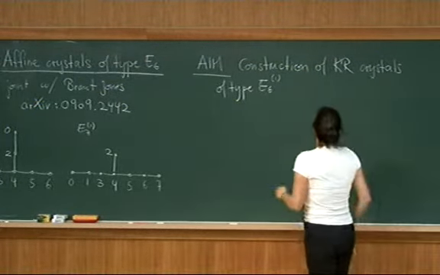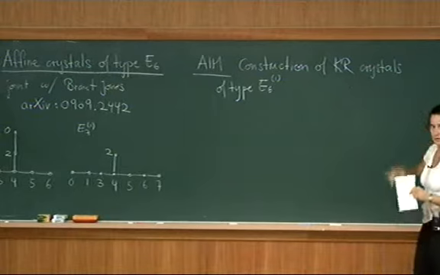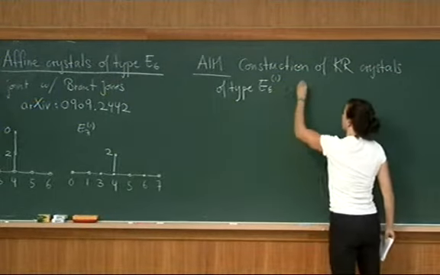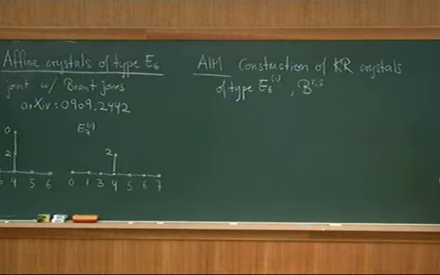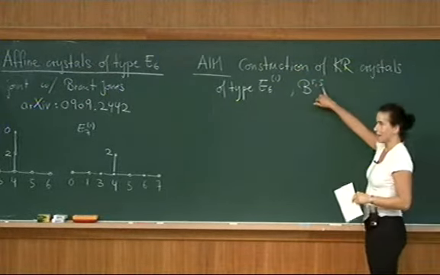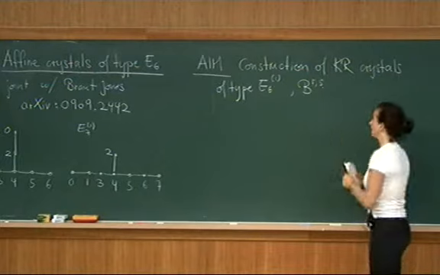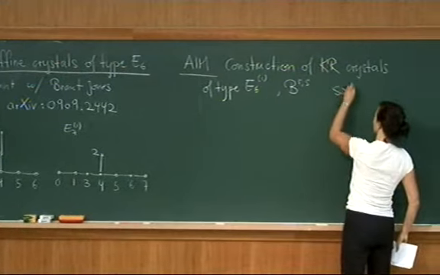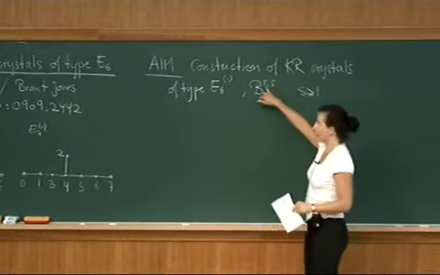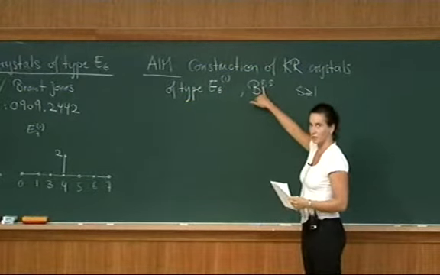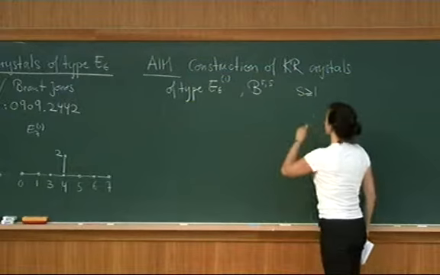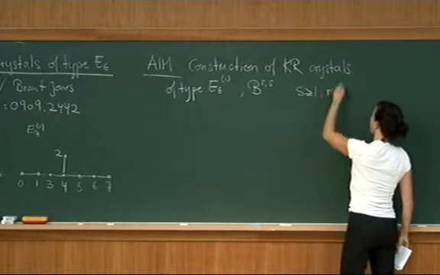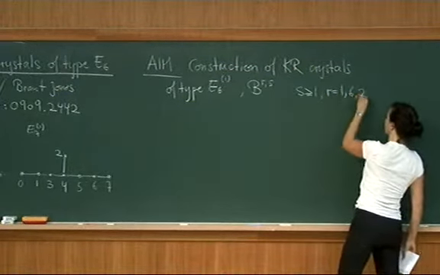And when we talk about Kirillov-Reshetikhin crystals, they are usually indexed by two parameters, by an r and an s. The s is usually just a positive integer, and the r usually corresponds to a node of the Dynkin diagram, and I will only do this in fact for r equal to 1, 6, and 2.